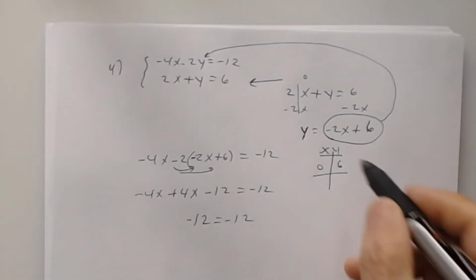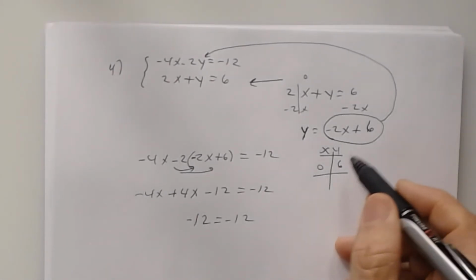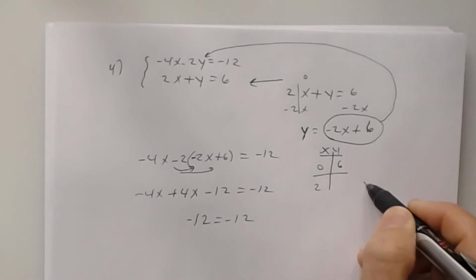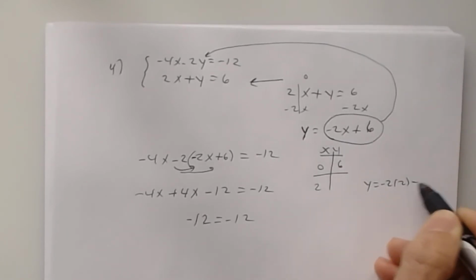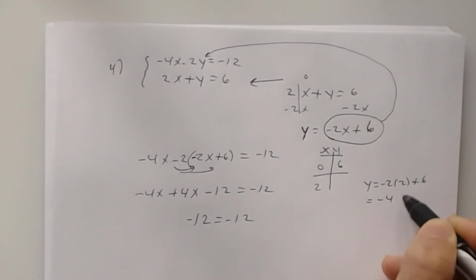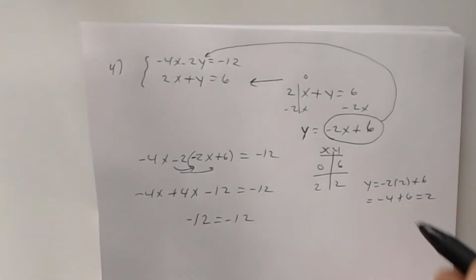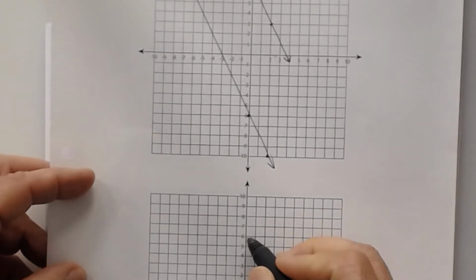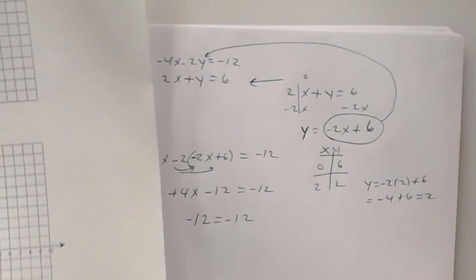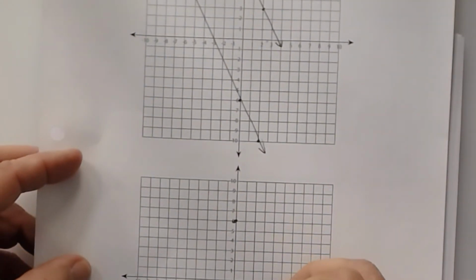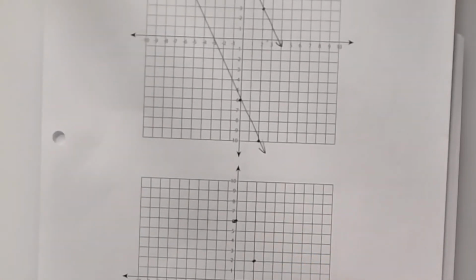If x is, let's say, 2, I get y equals negative 2 times 2 plus 6, negative 4 plus 6, which is 2. Agree? So I'm going to plot the point 0, 6, and 2, 2. All right, and then we'll draw the line.